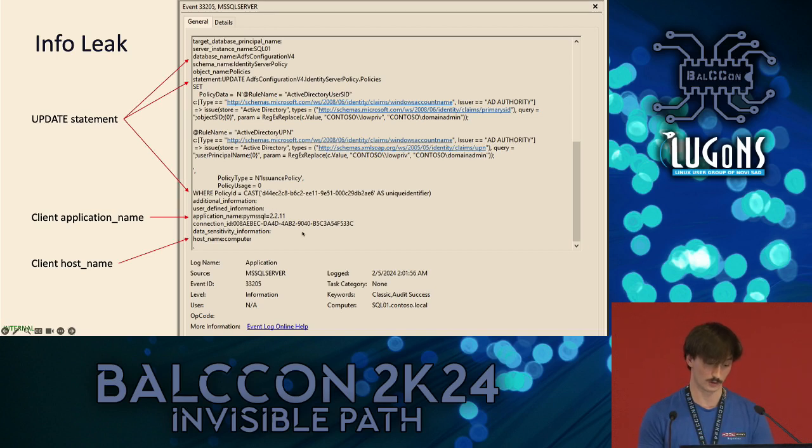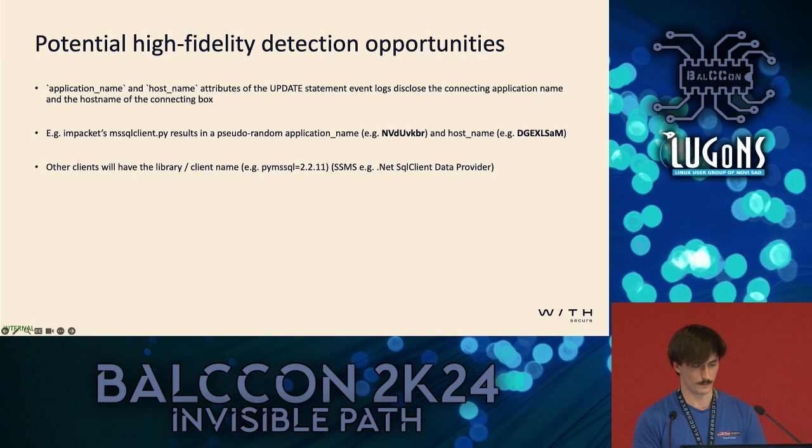So you see here, I'm just using the PyMSSQL library. In Impacket, the MSSQL client has its own application name and host name. So it's a very, very high fidelity way of detecting this. As I said before, the application and host name attributes on the statement disclose the connecting application name and the host name for the connecting box.